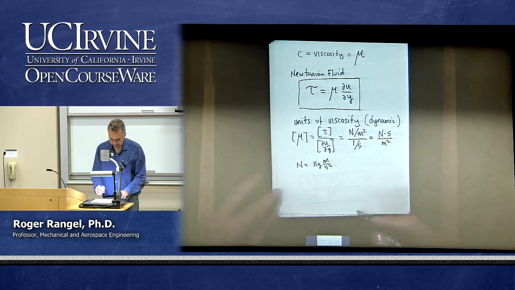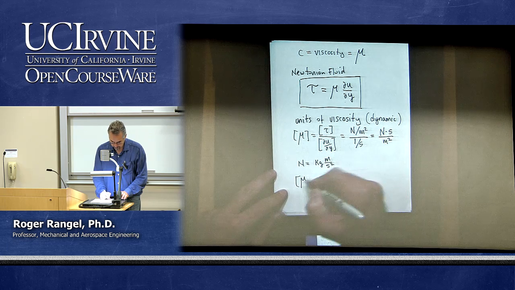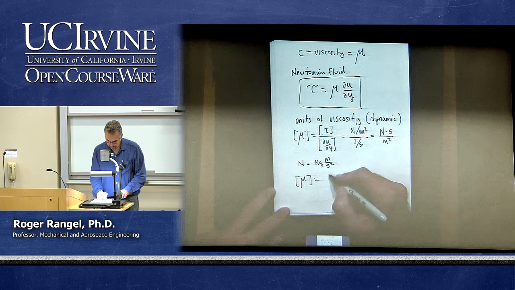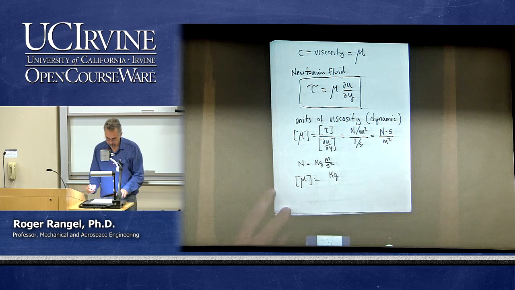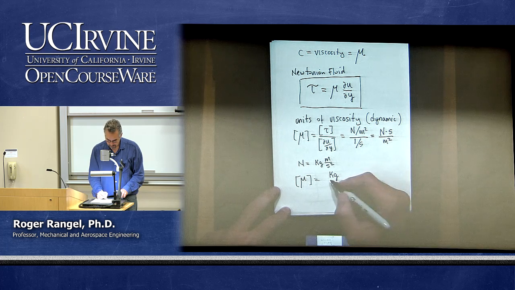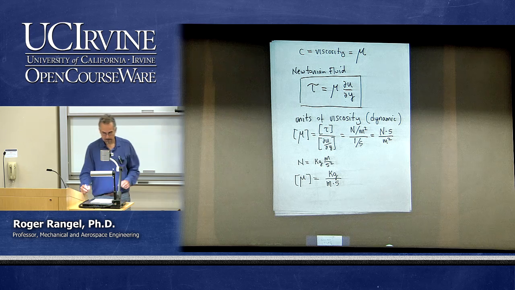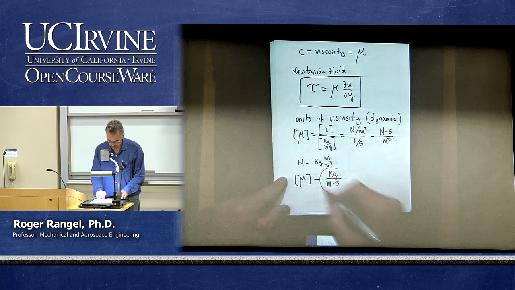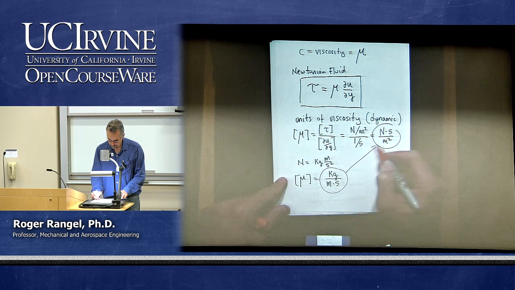If I plug that in there, 1 second will cancel 1 second, and 1 meter will cancel 1 meter, so you end up with kilogram over meter second. And they're equivalent. So these units of dynamic viscosity are equivalent.